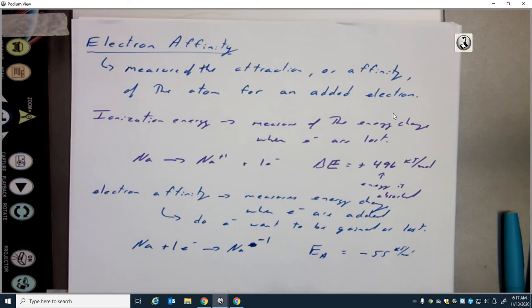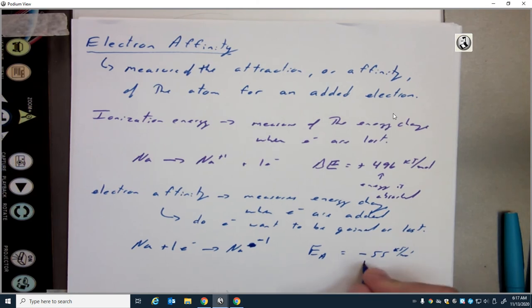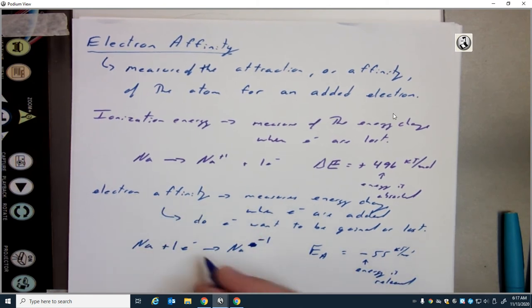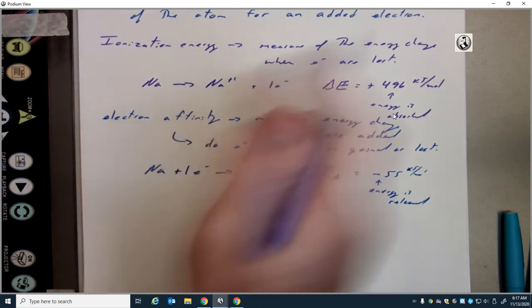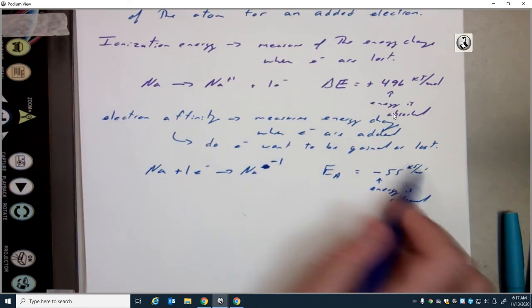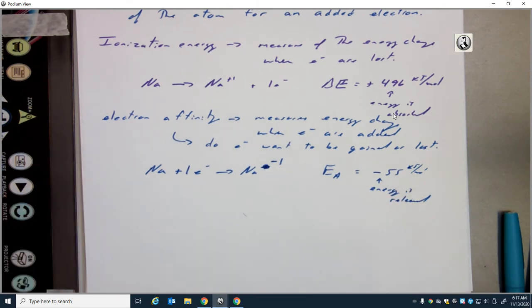That's what it actually is, right? And it's telling us that energy is released. So we can look at these electron affinities and we can decide if atoms want to gain or lose electrons. Right now we know that sodium doesn't want electrons. It wants to get rid of them. Right? So we're going to be able to compare these numbers and it's going to tell us something on the periodic table.